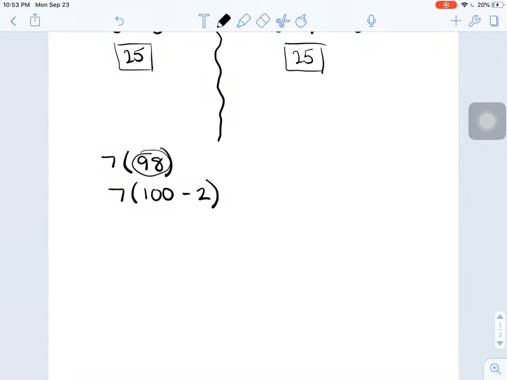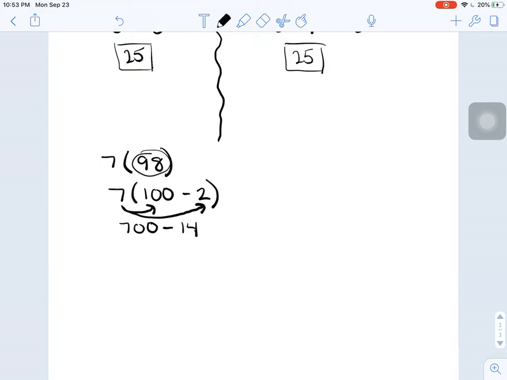So I could say, okay, I'm going to multiply the 100 by 7. Well, that's easy to do in your head, multiplying by 100. 7 times 100 is just 700. And then I would also multiply the 2 by 7. Again, 7 times 2 is a much easier problem. It's 14. So to get the answer in my head, I could just do 700 minus 14.